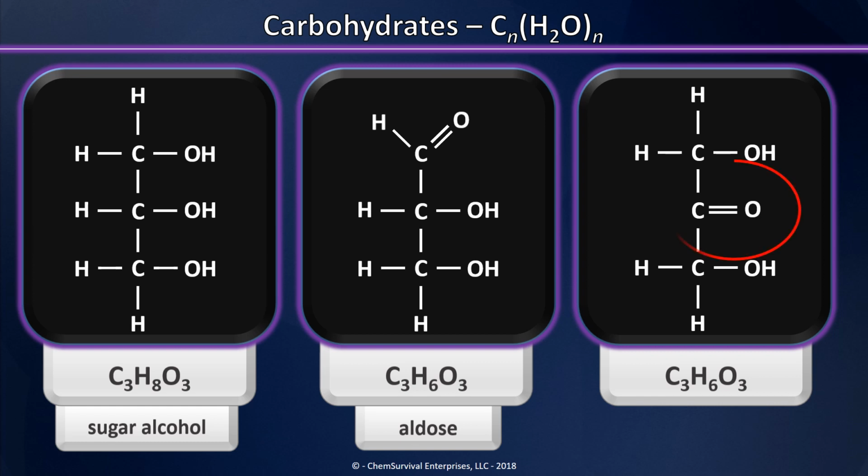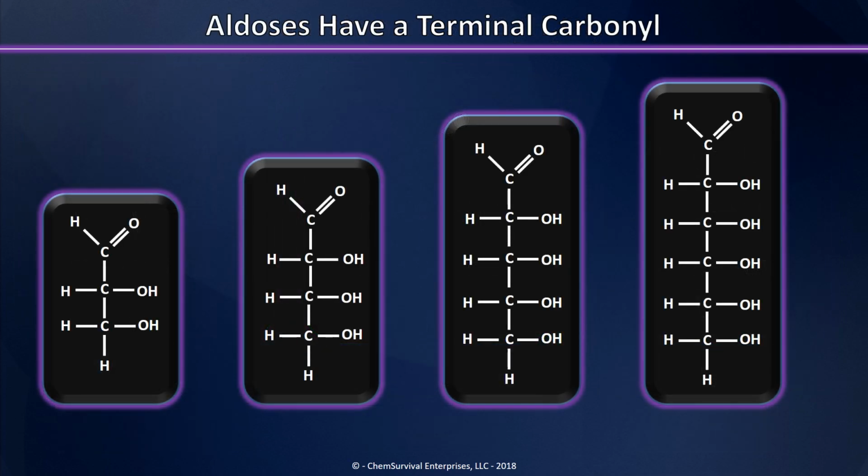But this group is now a ketone, so we call this class of carbohydrates, where the carbonyl is internal, ketoses. So the 2 main classes of carbohydrates are aldoses and ketoses.